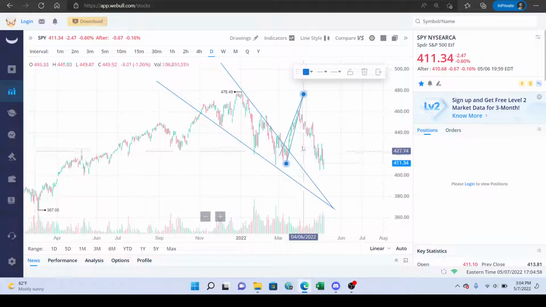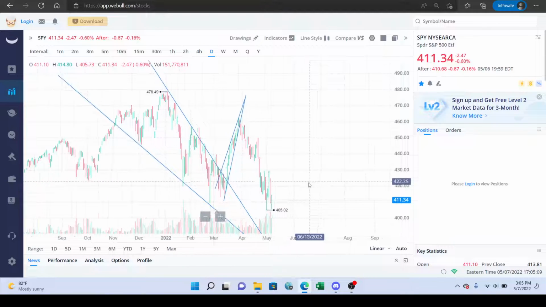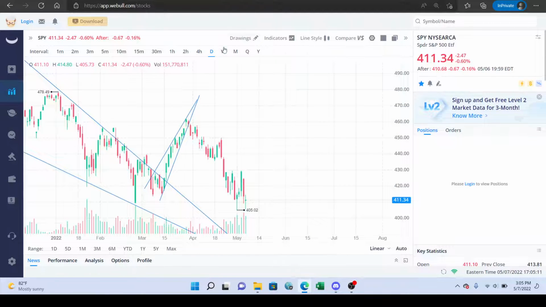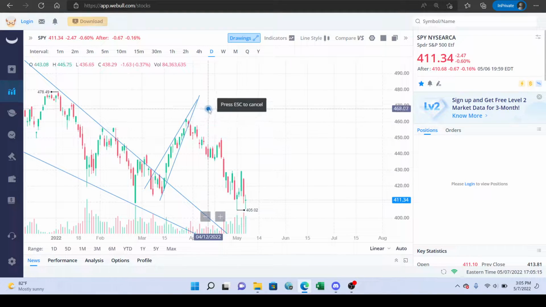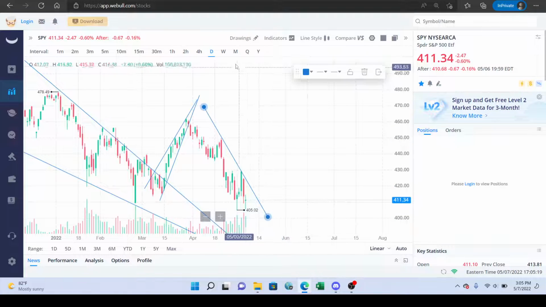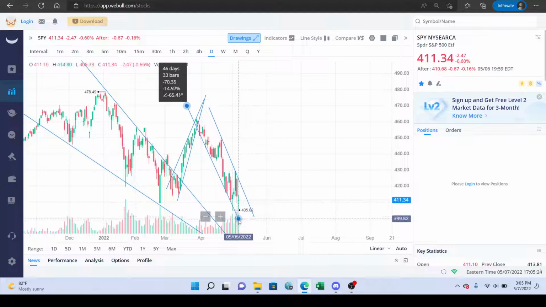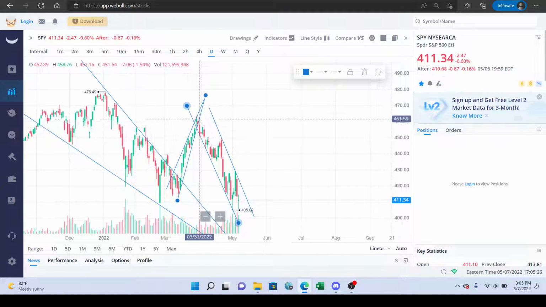So now, when you actually look at this in the grand scheme, we have this one wave that's going down, we have this one wave that's going up, and now we have another wave that's going down. But we can't necessarily say that this is a falling wedge, because right now, to me, when I'm charting this, it looks like a downtrend channel.